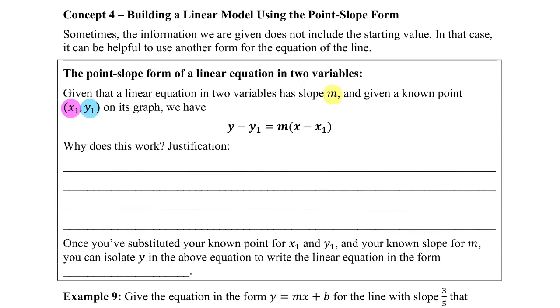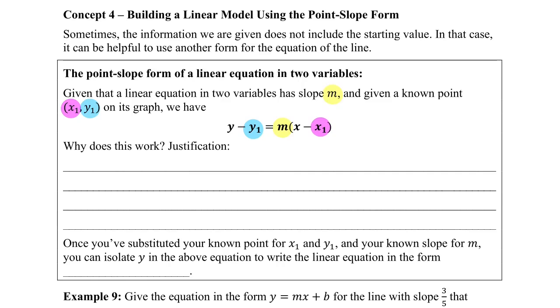In that case, we can use this alternate form of the equation for a line to write down an equation that describes our model. This form still includes the slope, but instead of using the intercept, we say we're going to subtract our given values from the x and y variables in our equation.